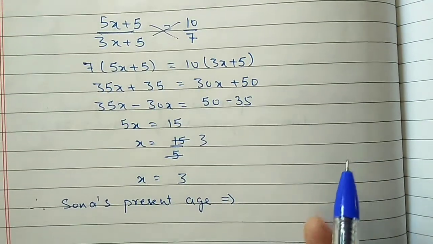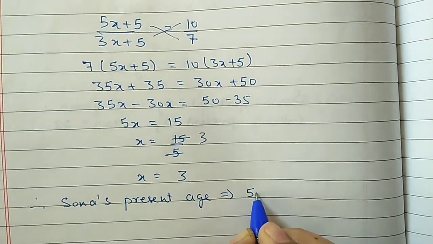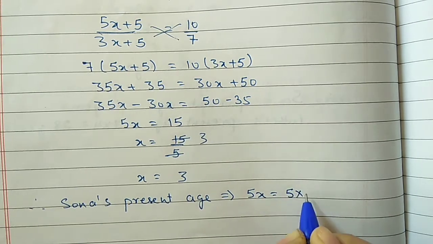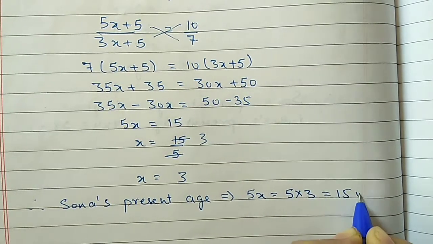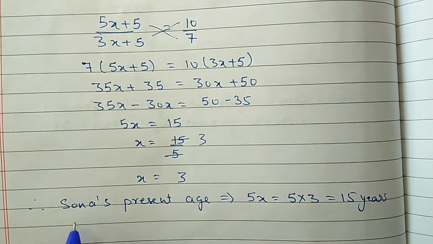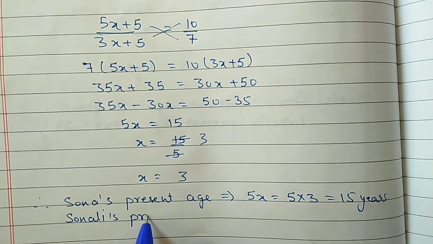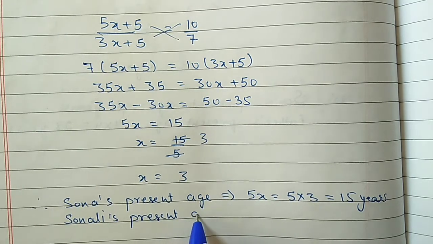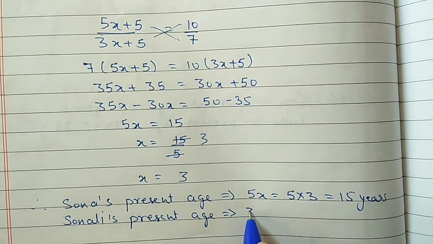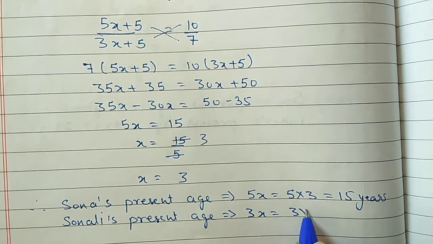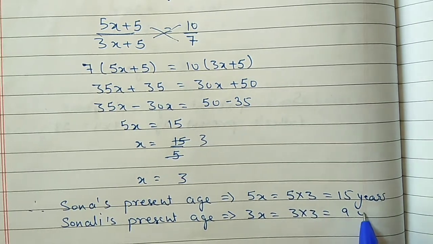So x value we can substitute there. 5x means 5 into 3, 15 years. And Sonali's present age is 3x means 3 into 3, 9 years.